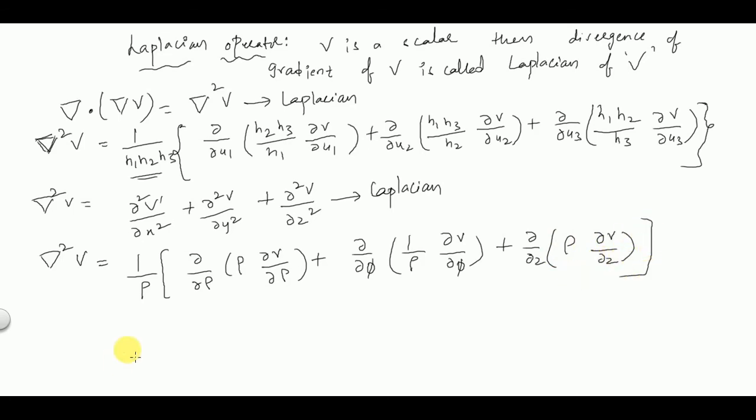Okay, so you just apply h1, h2, h3 equal to 1, rho and 1 respectively, and u1, u2, u3 equal to rho, phi and z respectively.